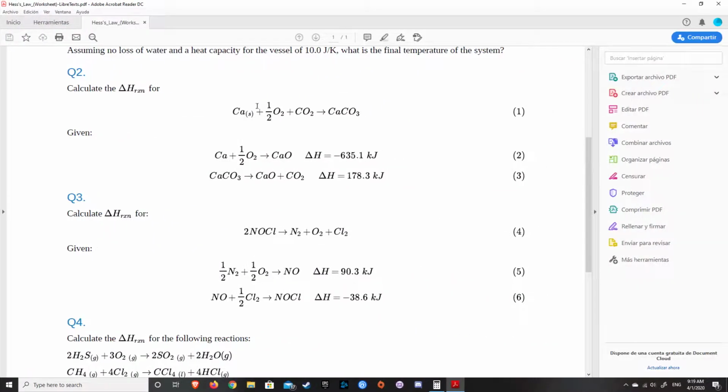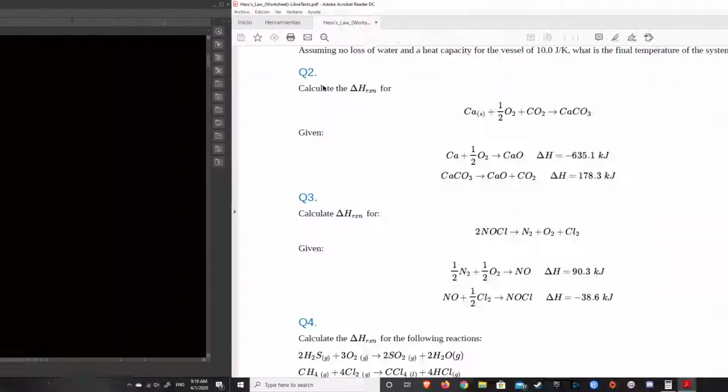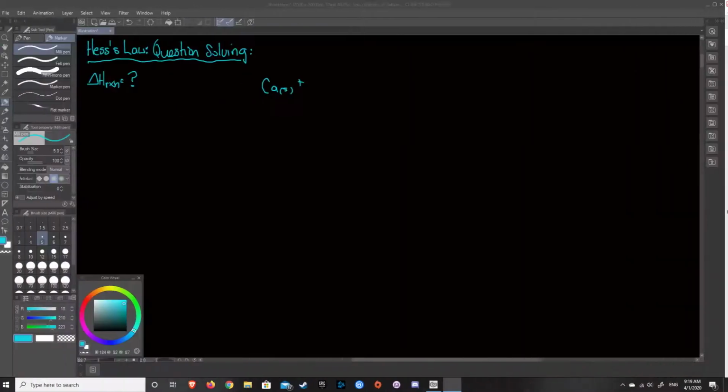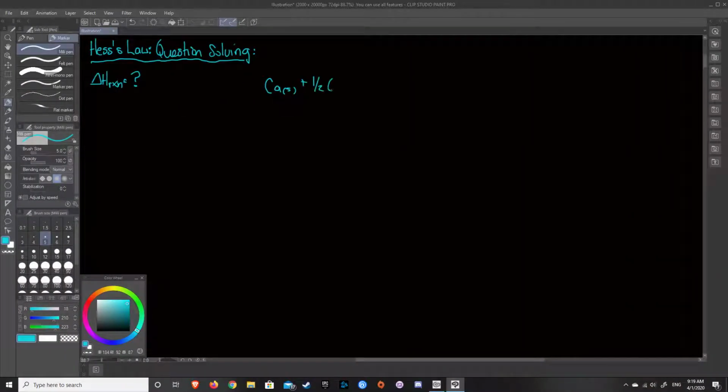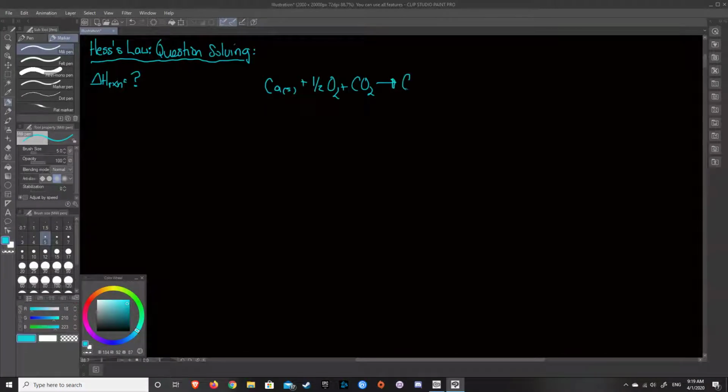Let's do this front and center: calcium plus 1/2 O2 plus CO2 reacts to form calcium carbonate, CaCO3. I have a solid here, so I'm going to put a gas here and a solid, just to remain consistent. If calcium is in the solid state, we should state what state everything else is in.